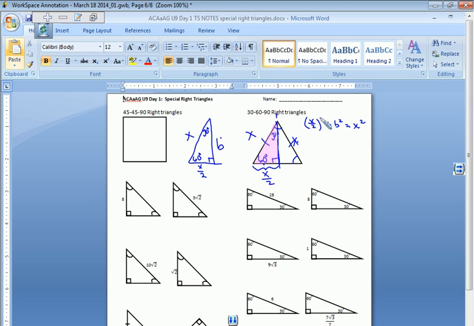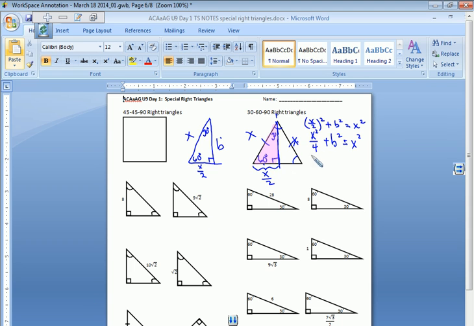Okay, so when I square all this, the x gets squared, the 2 gets squared, so that leaves me x squared over 4. Isn't that like 1/4 x squared? X squared over 4? Yeah. Okay, so x squared over 4 plus b squared equals x squared. So we're going to solve for b squared. So what do we have to do? Divide, the square root. Not yet. Subtract. Got to get rid of this. We're going to subtract this from both sides.